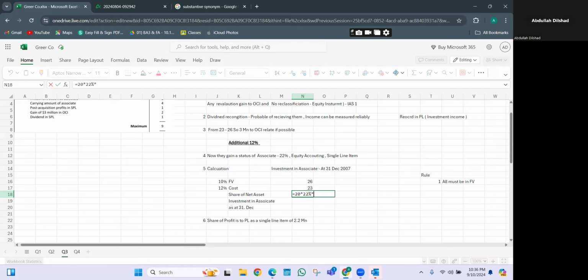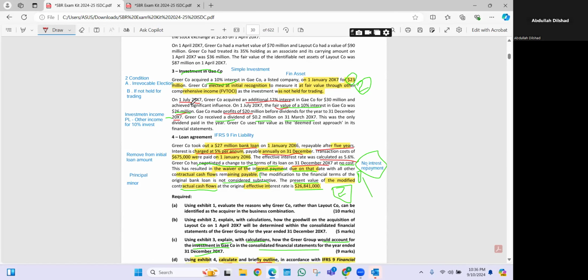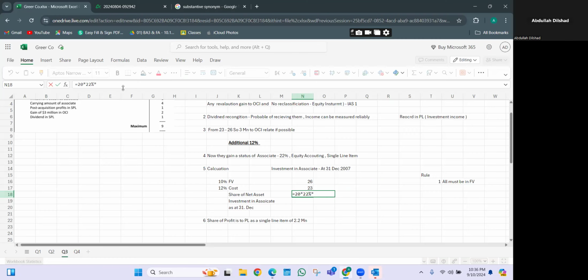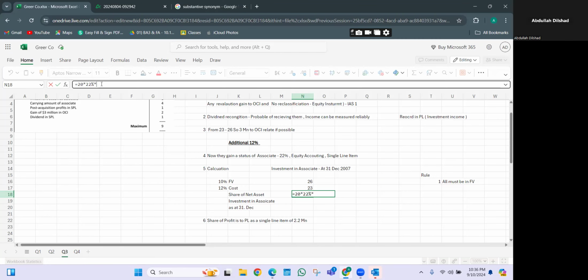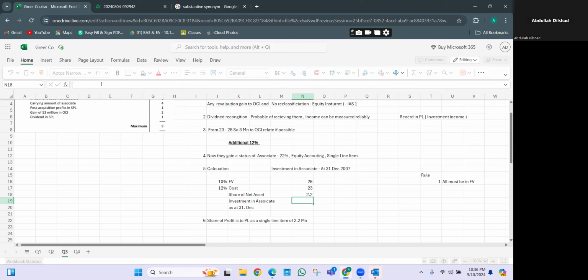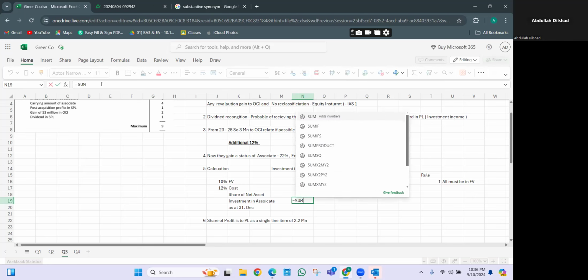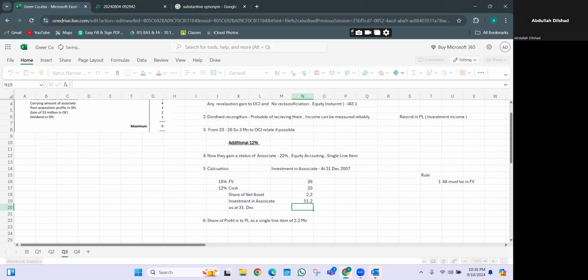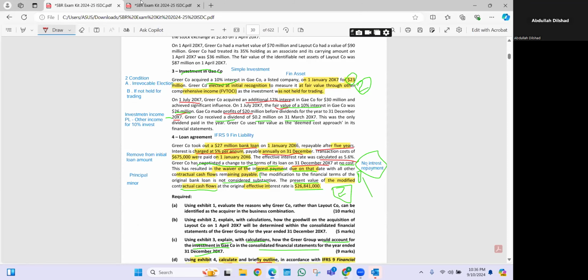So I only need to take profits from the date of acquisition to the financial year end, that means from 1st July to 31st December: July, August, September, October, November, December. For 6 months I need to take the profits. Most of us forget and don't take the 6 months calculation. Okay, how much is my investment in associate?